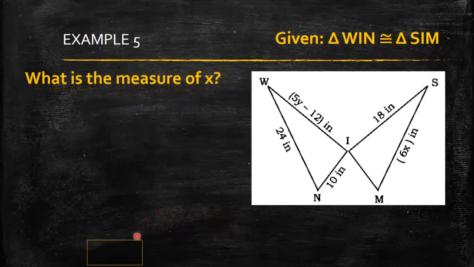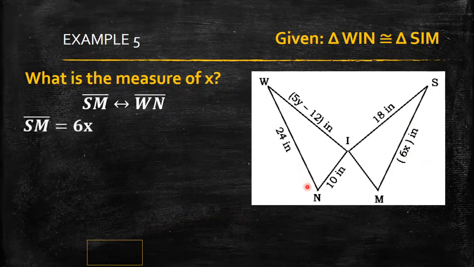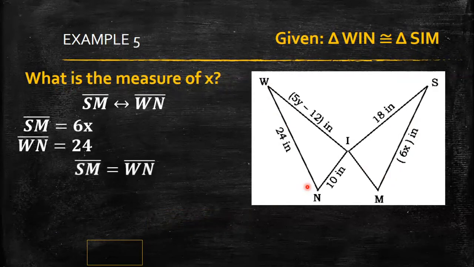Okay, next. What is the measure of x? So, ano daw ang measure ni x? Since si x ay nasa SM at si SM ay nagko-correspond kay segment WN, i-equal natin sila sa isa't isa. So, substitute lang natin yung value ni SM at ni WN. We have 6x equals 24.